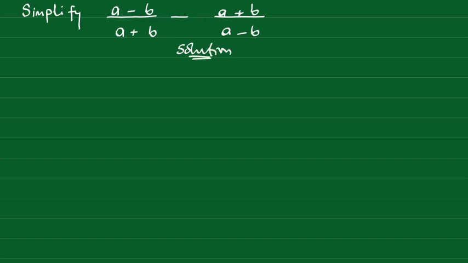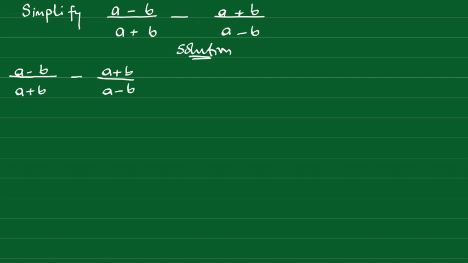Copy out our expression: (a minus b) divided by (a plus b) minus (a plus b) divided by (a minus b). Now, in solving expressions such as the one we have here, we need a good understanding of LCM. The denominators in this case are (a plus b) and (a minus b).